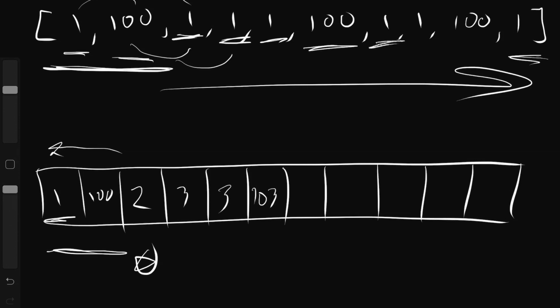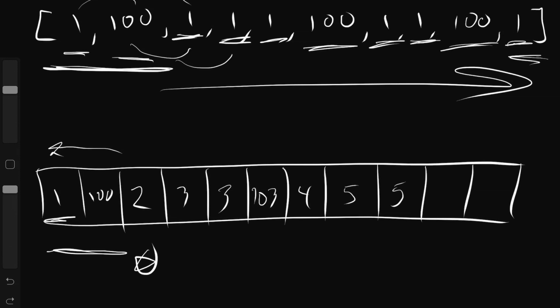Okay, so now we're at 1 again. So what's smaller, 3 or 103? 3. So 3 plus 1 is 4. Come here, 1. So what's smaller, 4 or 103? 4. So 4 plus 1, 5. Okay, then we come here to 100.